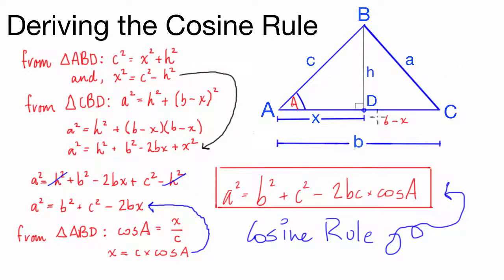Then we just multiplied it all out and we came up with our cosine rule. So that, guys, is a brief description of how you go about deriving the cosine rule.